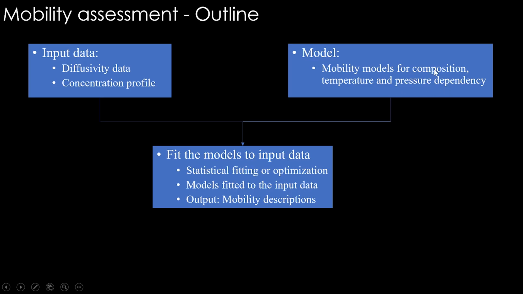So mobility depends on these things. That is why we said mobility can be written in the form of Gibbs energy. The dependencies can be similar to what the Gibbs energy dependencies are. So mobility dependencies can be modeled on one side. Once these things are done, we go for the statistical fitting, where models are fitted to input data and the output is mobility descriptions, or a mobility database eventually.